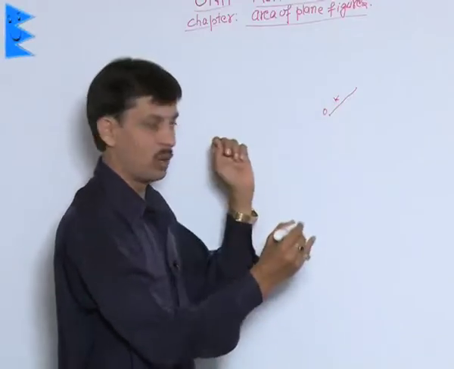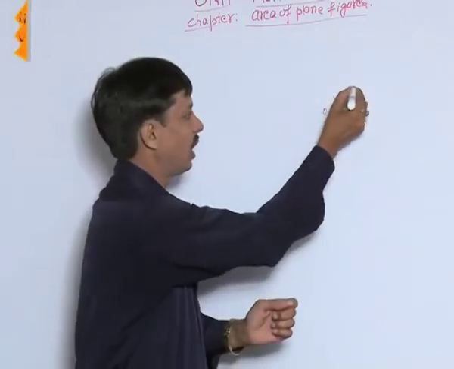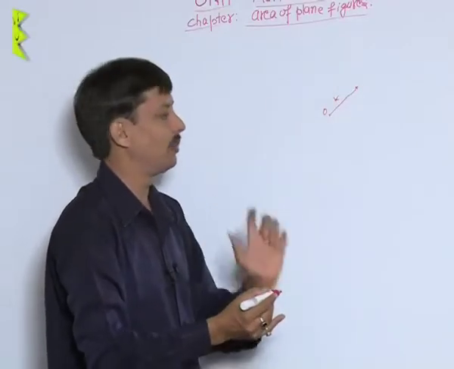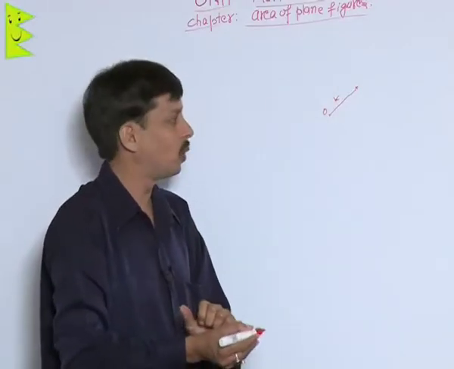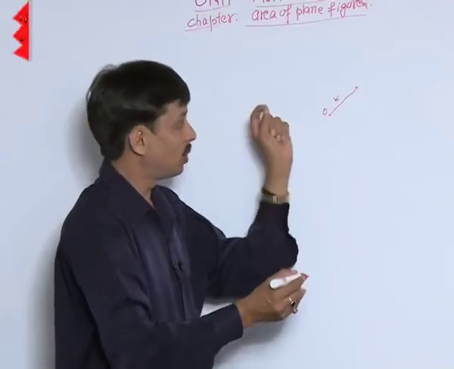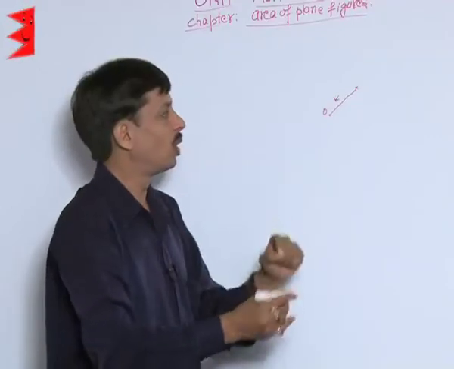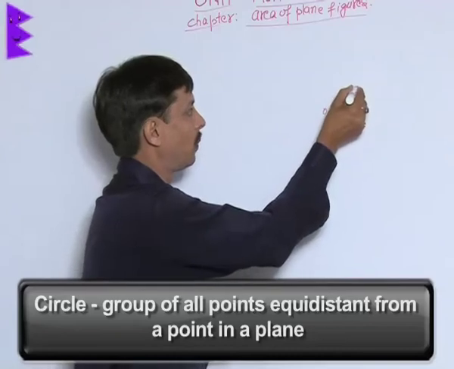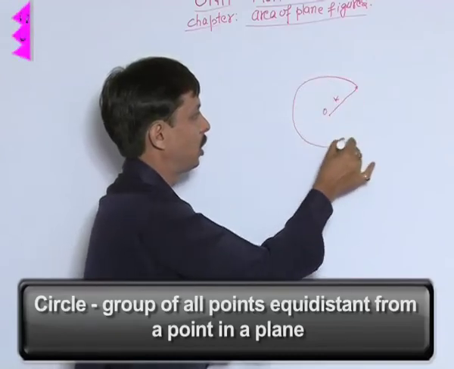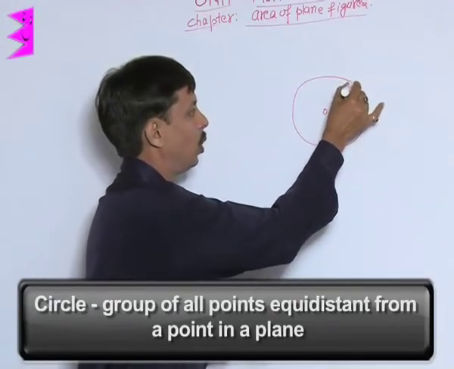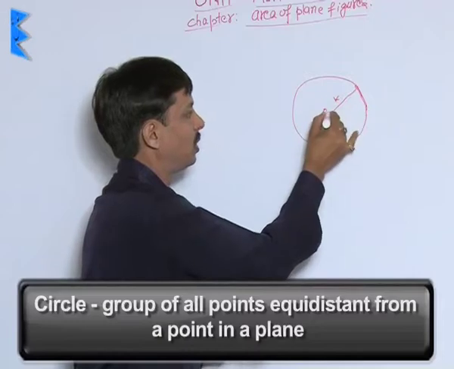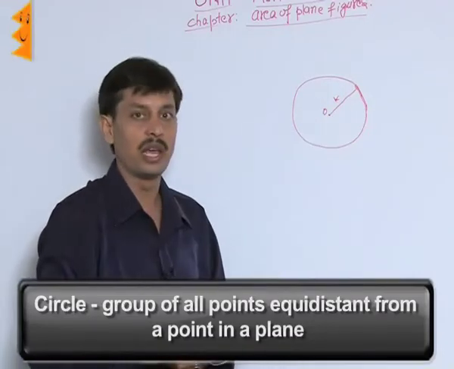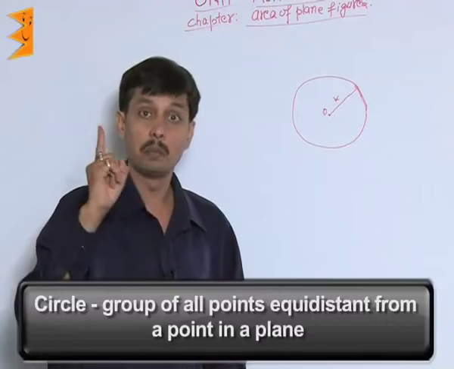Now the one who has selected a point at a distance k units away from the fixed point O in the plane wants to select all such points. So the group of all such points, the set of all such points, the locus of a point which remains at equal distance from a fixed point, is known as the circle in a plane.